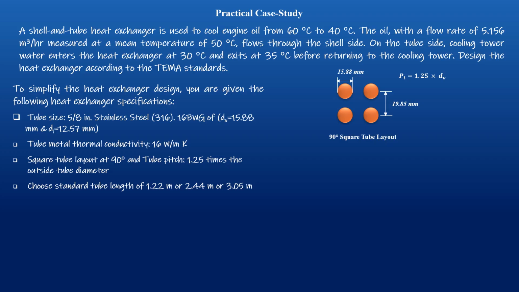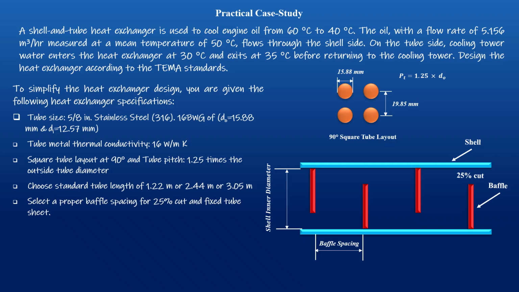And we have an assumption to choose any of these standard lengths of the heat exchanger, 1.22 meter or 2.44 meter or 3.05 meter, to design this heat exchanger, and select a baffle spacing according to the design requirements, with a baffle cut of 25%, and the fixed tube sheet is selected for this heat exchanger.